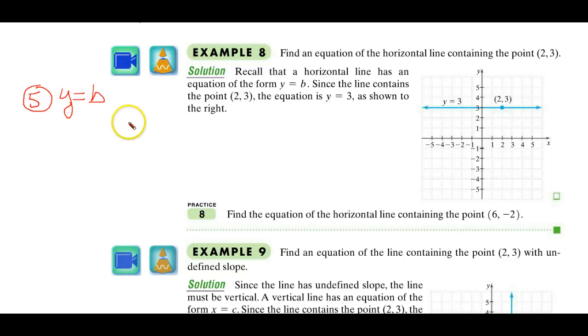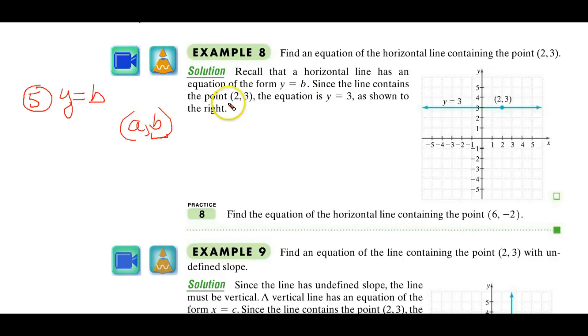So if you had an ordered pair, A, comma B, and they wanted a horizontal line, that would be a line with 0 slope, you would just take your B item of an ordered pair, and that would be your equation.